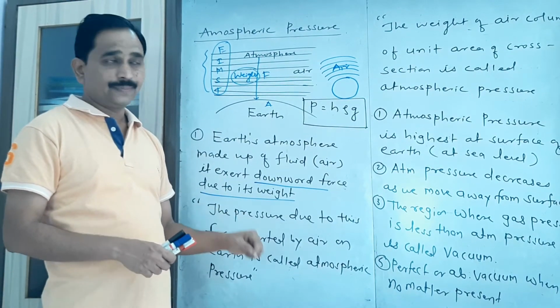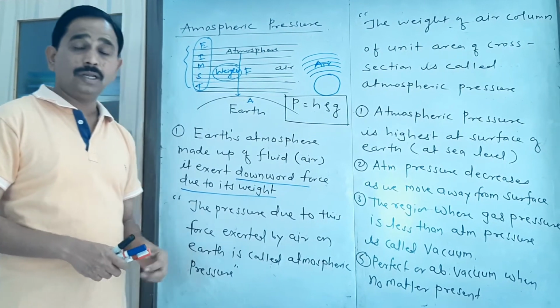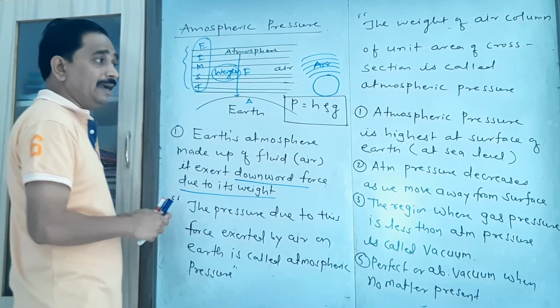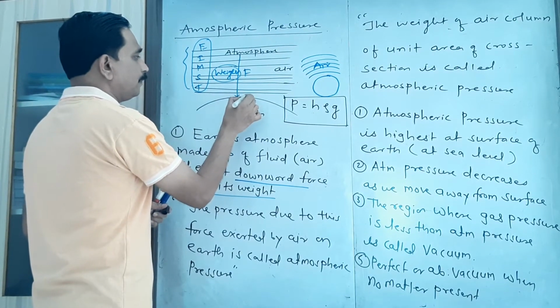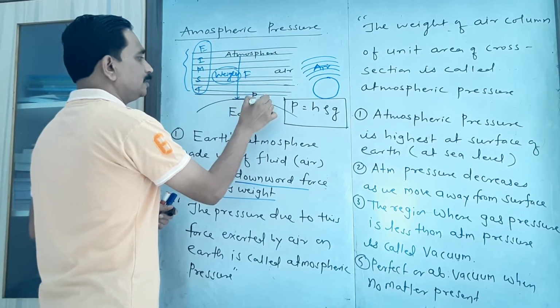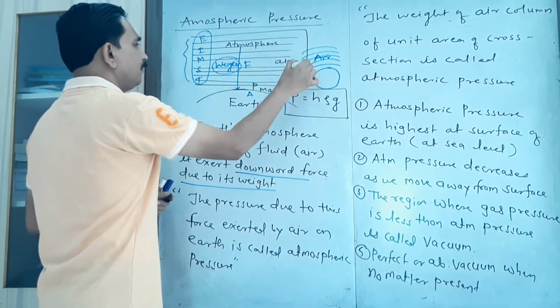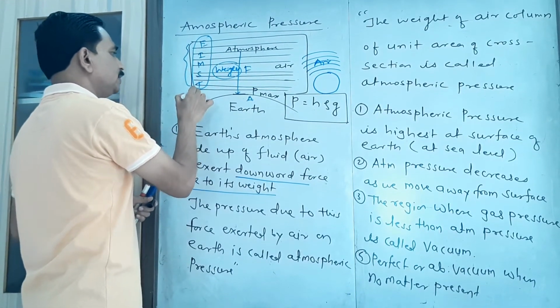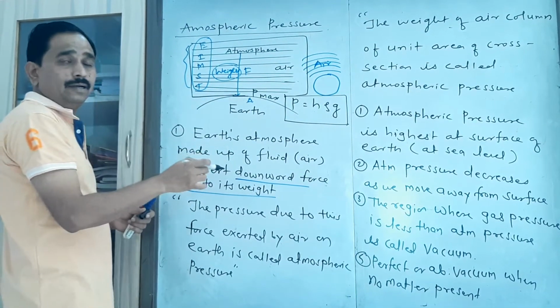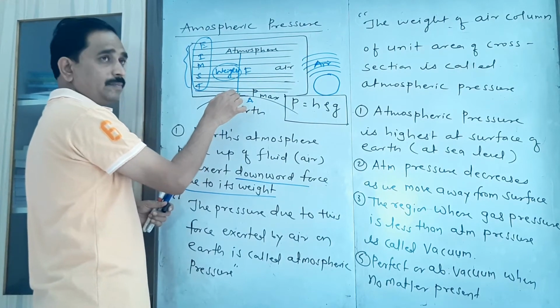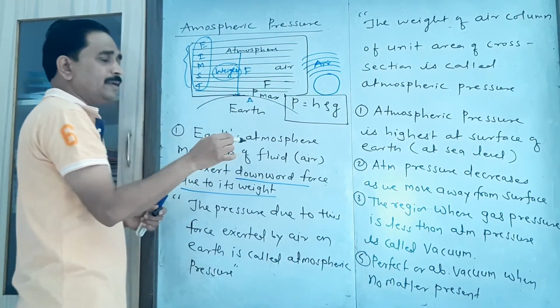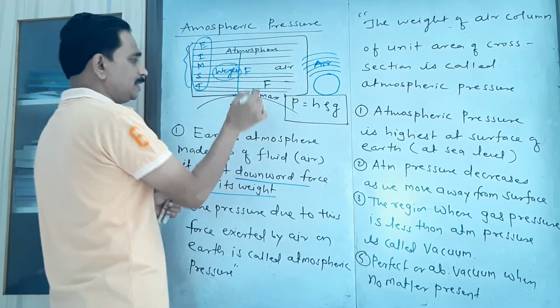From that we can easily consider the different points related to atmospheric pressure. The first one: atmospheric pressure is highest at the surface of the earth. Here the pressure is maximum. Why? Because whatever the different layers of air we consider here, the weight at this point is maximum. It means the force is maximum, so the pressure is maximum.